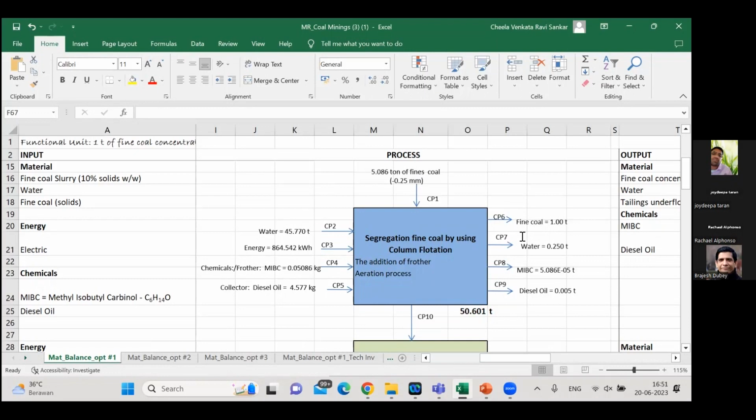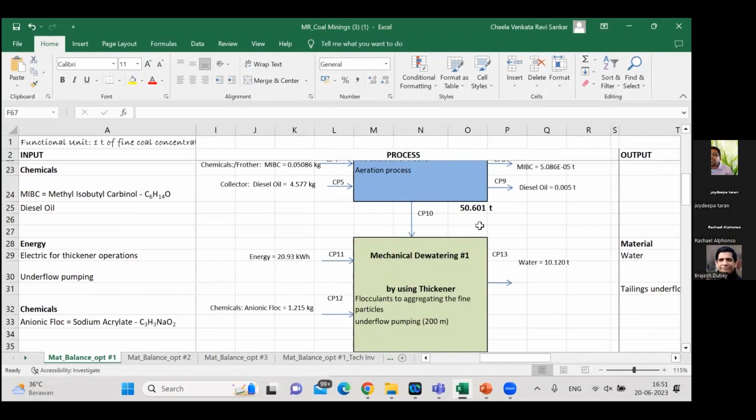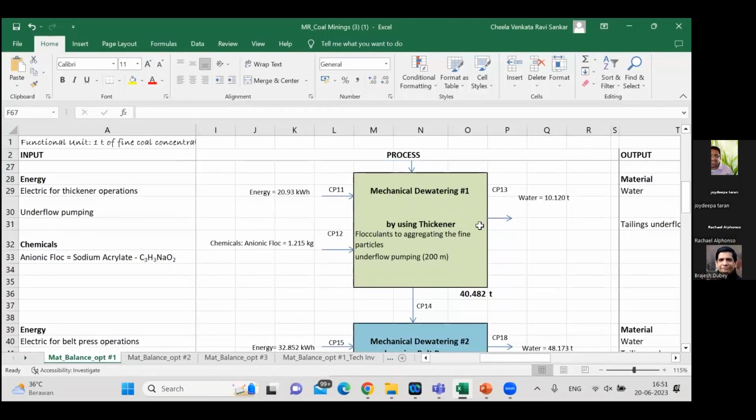The input-output mass balance diagram has to be developed, for both energy and material. You have to do that. Then go for mechanical dewatering by using a thickener. So what does this unit process mean? When you're visiting an industry, you can clearly see the process, how it is working, and make your notes all the time. That is very, very important when you go and visit an industry.